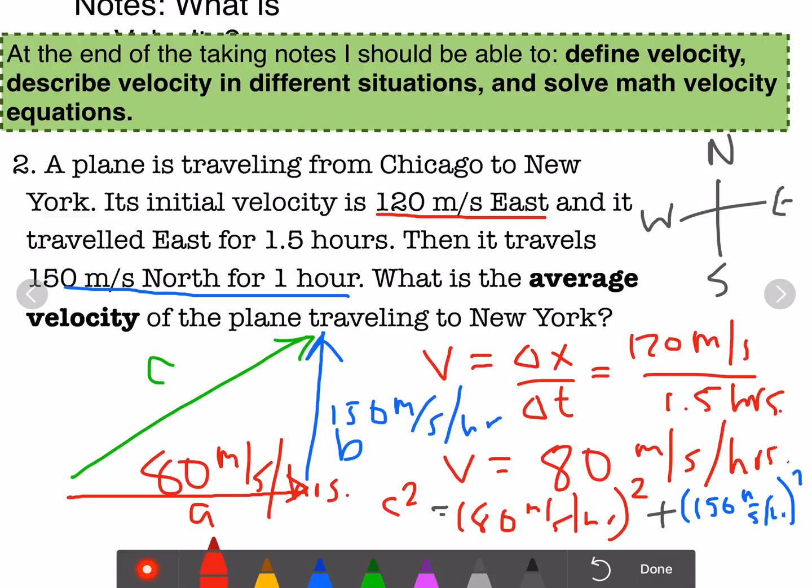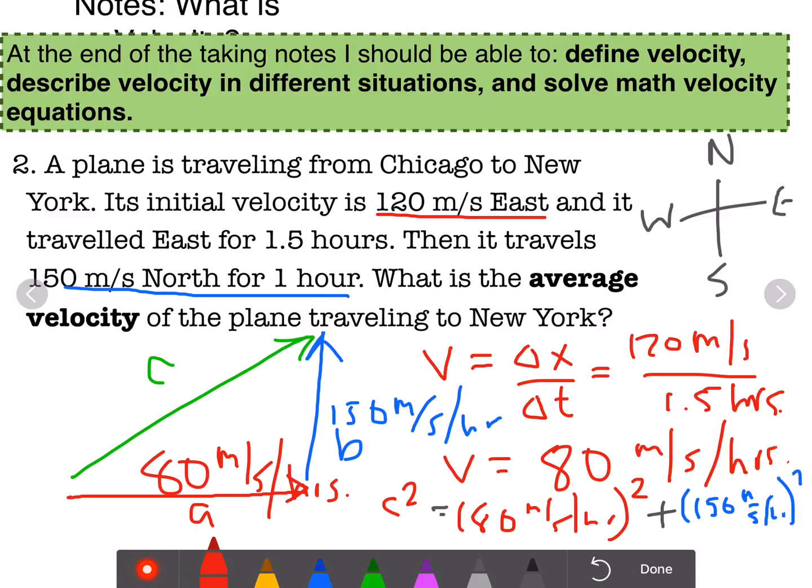I'm just going to do this on a separate sheet of paper so I have enough room. So 180 squared is 32400 plus my 150 squared, 22500.